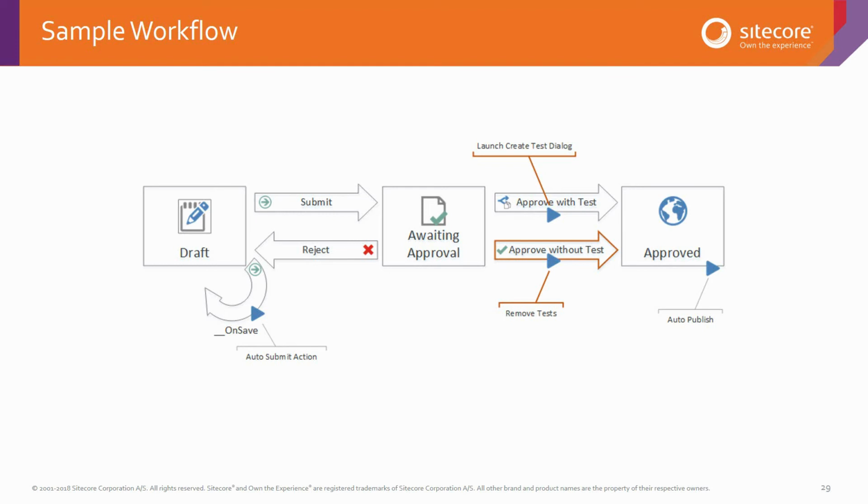So most sites have a custom content approval workflow that's in place. It's best to merge the current workflow with this sample workflow or with those testing actions. And that way it matches the compliance steps that you're used to, but it's also going to provide the flexibility to launch tests on pages in the future.